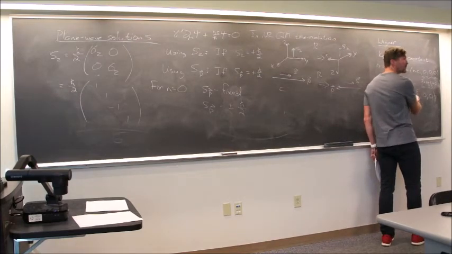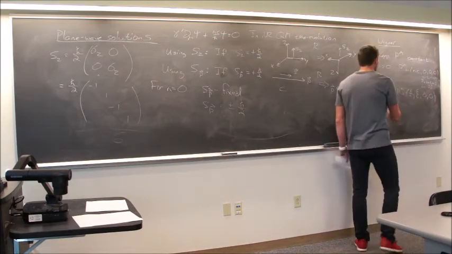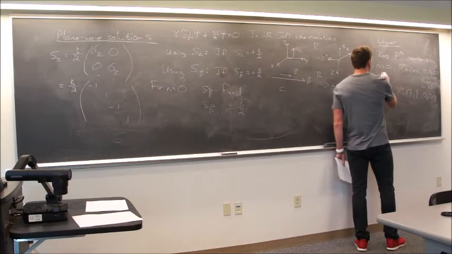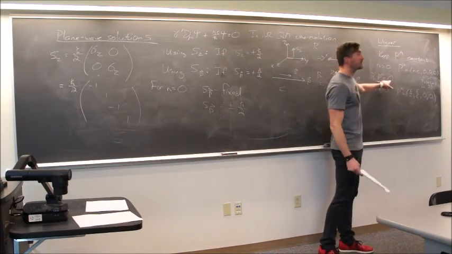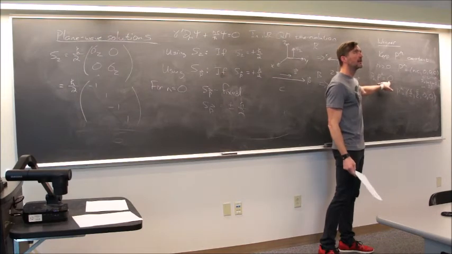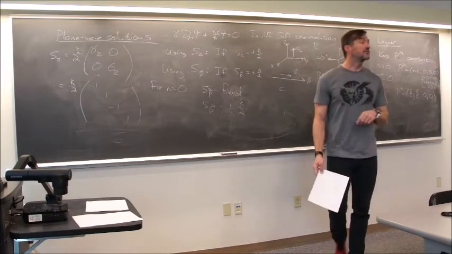Well, these 2 things have to be equal, so I'm just going to call them the same thing. They have to be equal because P mu P mu has to be 0 for a massless particle. Remember, normally this is equal to m squared c squared, but it has to be 0 for a massless particle. So these 2 things, squared, have to subtract to 0.